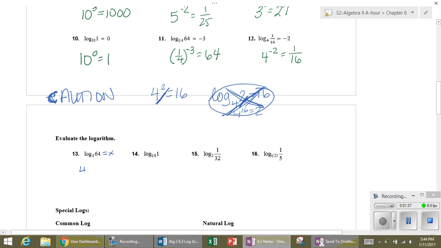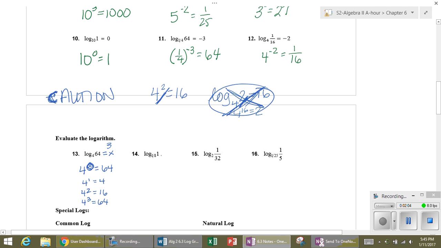So 4 to the what power is going to give me 64? Well, 4 to the first is 4. 4 squared is 16. 4 to the third is 64. So I know that this x right here has to be a 3. So log base 4 of 64 really equals 3.